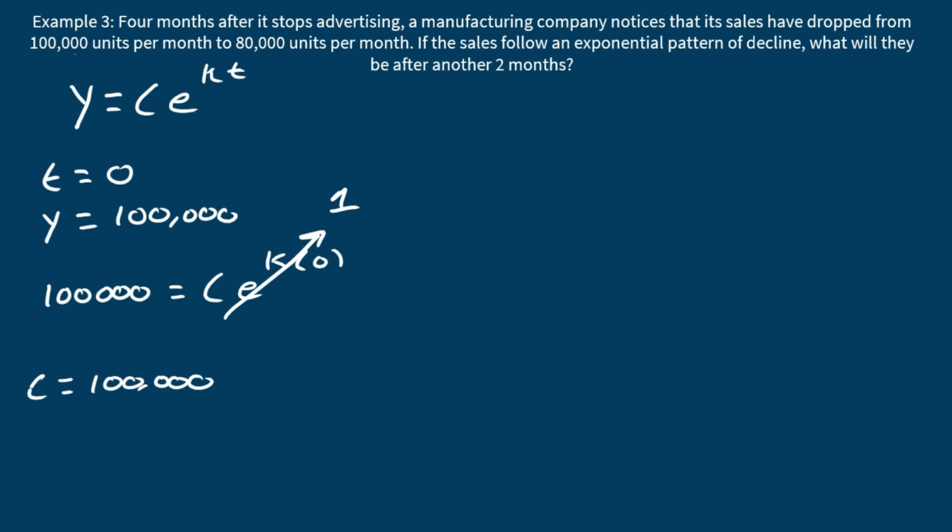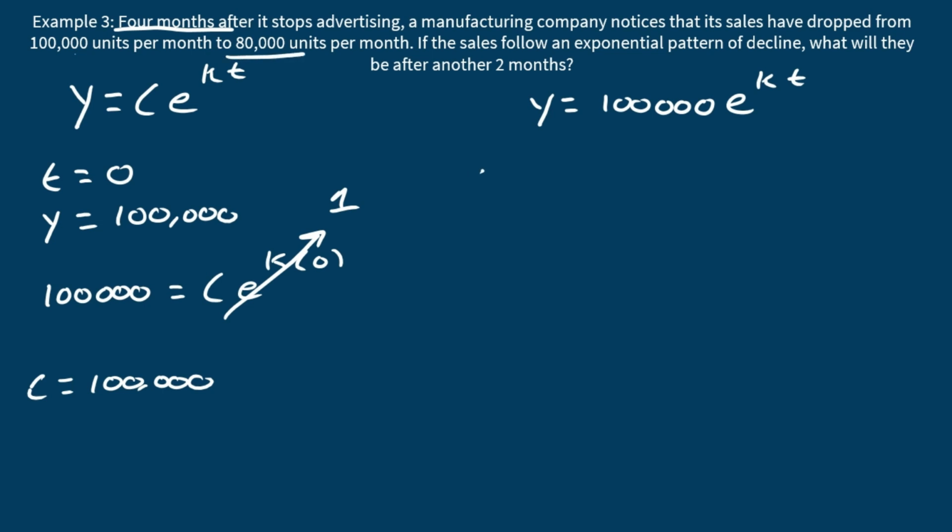Now let's go ahead and write down our model again. We have y is going to be equal to 100,000, since that's what c is equal to, e to the k times t. From here, what we want to do is try to solve for k. And to solve for k, we need some more conditions. And what we know is that after 4 months, the sales dropped to 80,000 units.